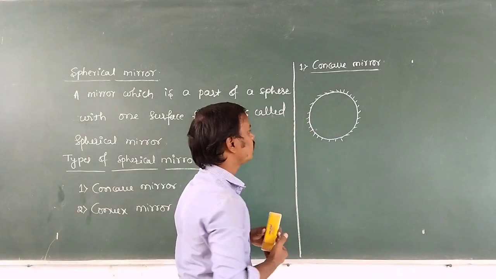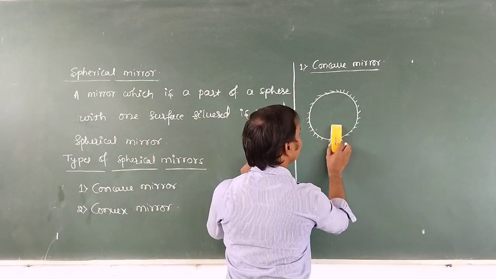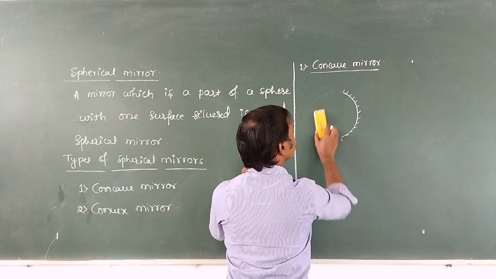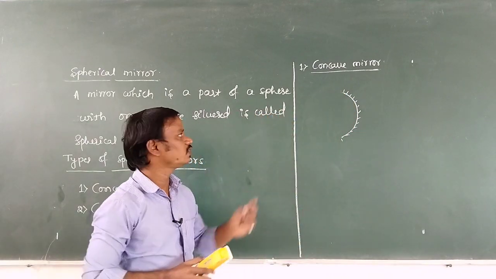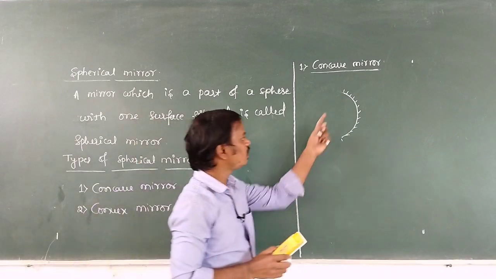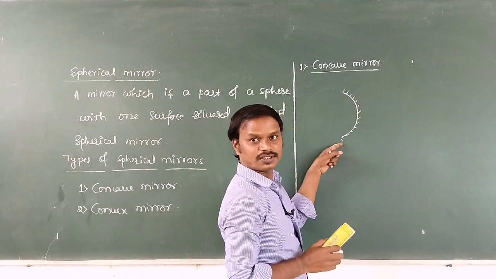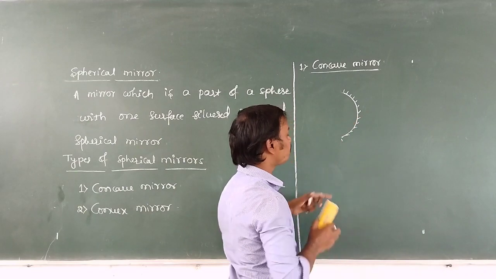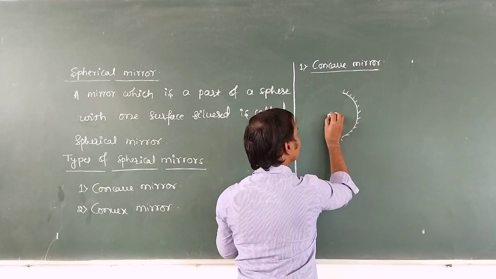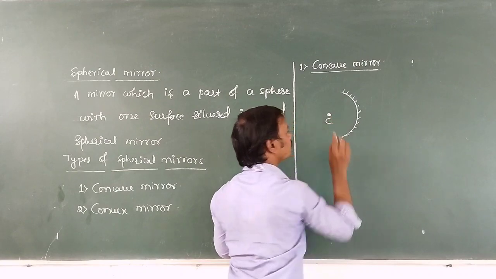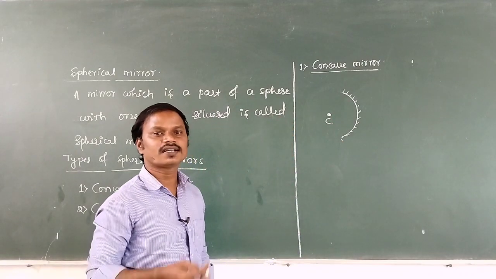Then let us take the part of the sphere. This part of the sphere is called concave mirror, because here the outer surface is polished and inner surface is reflecting, and here the reflecting surface is towards the center of the sphere. It is the center of the sphere. Okay, what do you mean by concave mirror?